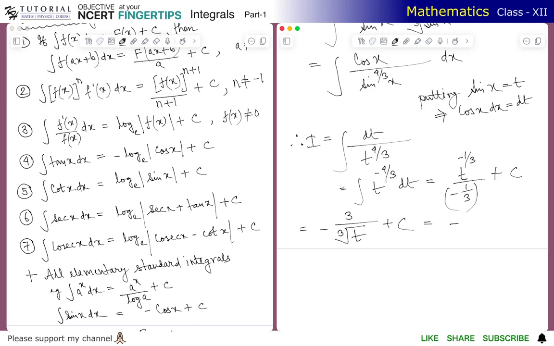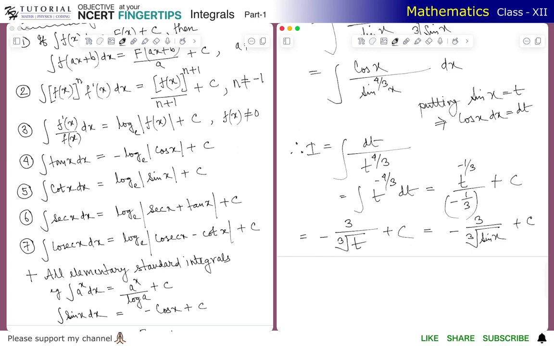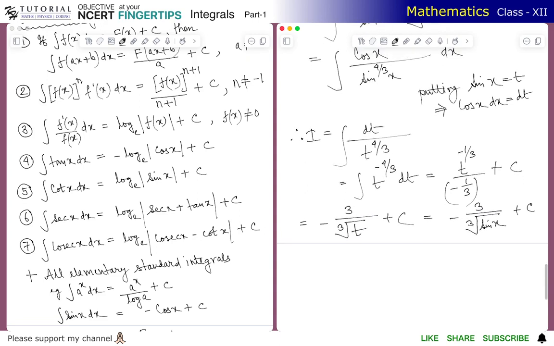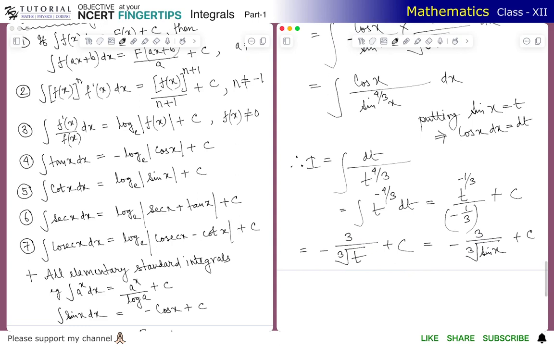This is minus 3 cube root of sin x plus c. I hope I did it right. Let me check. If I differentiate this thing, am I getting the integrand?